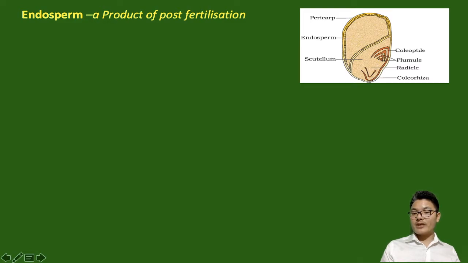Radicle will be developing into root system, and radicle is enclosed within a leaf-like structure called coleorhiza. And in between the embryo and endosperm, we have a region called scutellum, which is the cotyledon of maize. In case of monocot, we call scutellum the cotyledon.